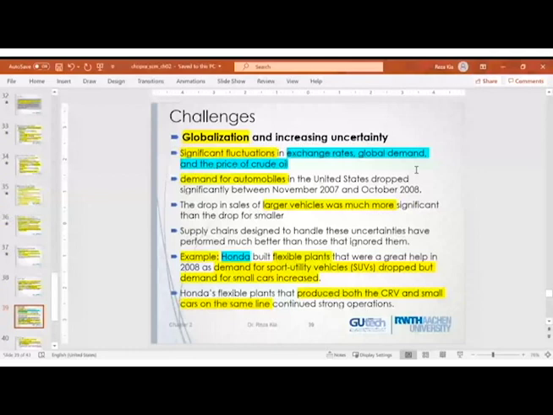Kind of SUV, four-wheel drive cars. And the supply chain then had to handle this uncertainty regarding the drop in the demand for SUV cars.